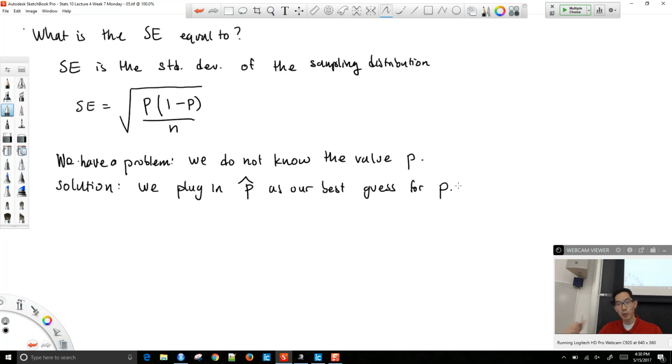It turns out mathematically the consequences, we don't really have to worry about it, so we can move forward with this. We don't have to do any kind of compensations. Later on, we do something similar when we're dealing with means, but it complicates things and we have to compensate for it. But here this works out. I'm not going to prove mathematically that it works out, but that's what we do. Okay. So now our confidence interval.